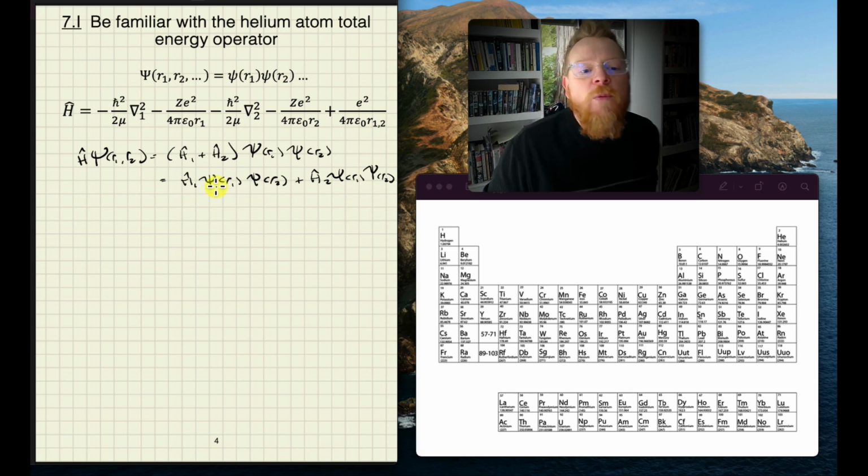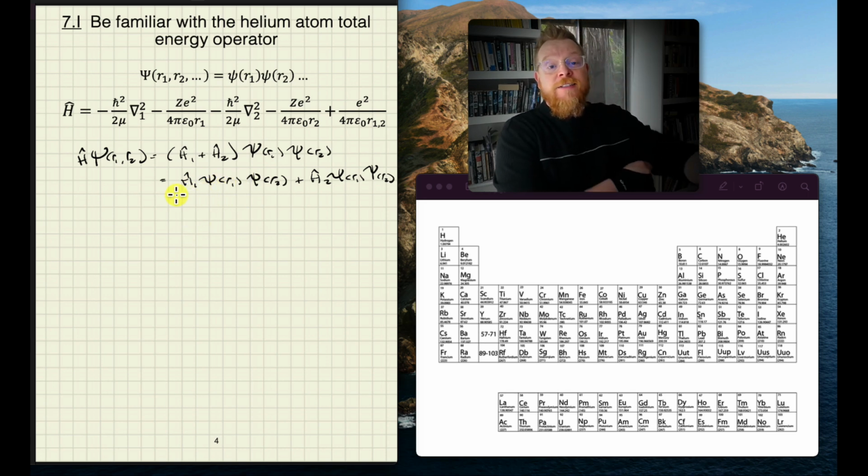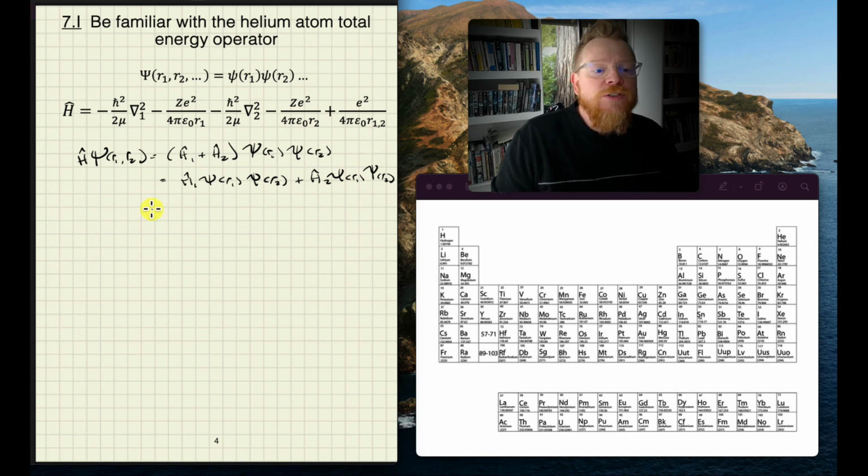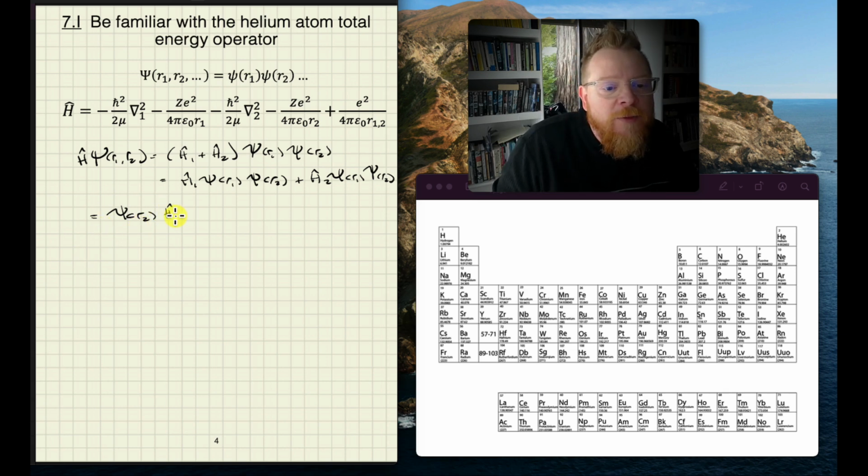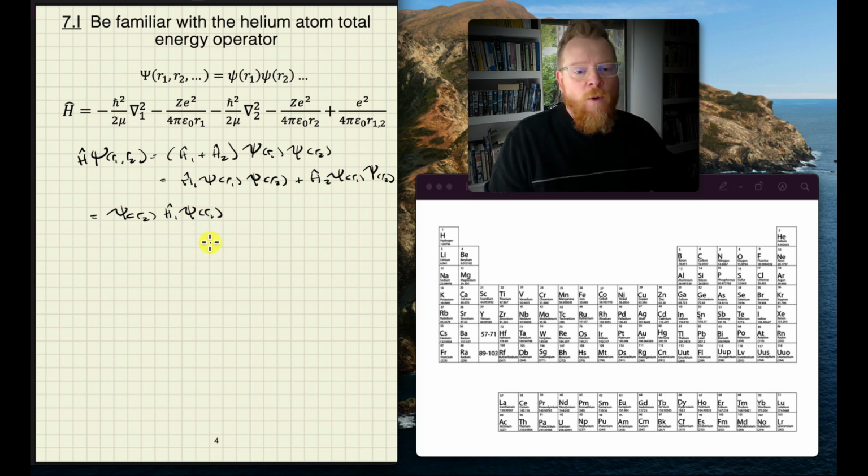Now what we should recognize here is that H1 is only going to operate on psi 1. So I can bring terms out in front, right? My psi R2 is not dependent on H1, so I can bring that out in front. Psi R2, and now we have the Hamiltonian 1 operating on psi R1.